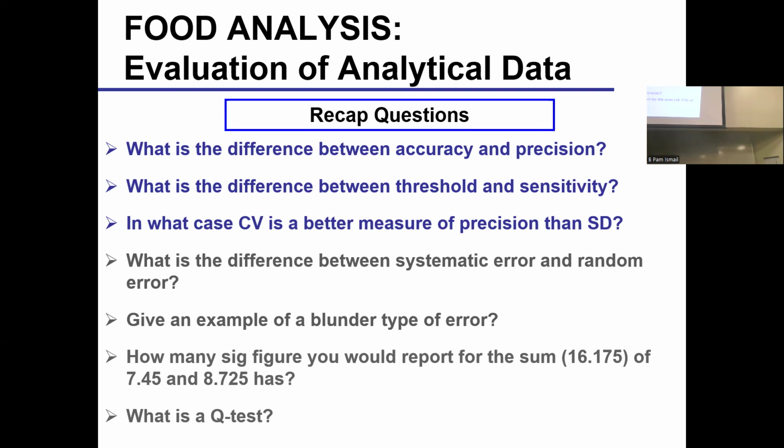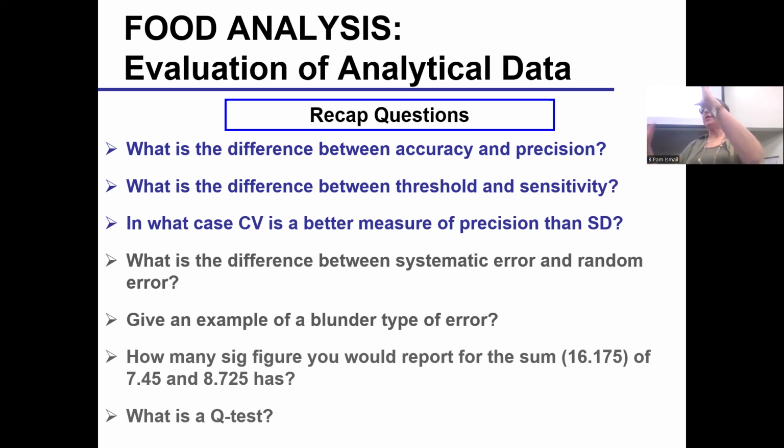In one example that I gave you, the mean was 12 and in the other it was 90 something, almost 10 times difference. Then you correct for the size of the mean by measuring the CV, which is the standard deviation divided by the average times 100. So you're correcting by the size of the mean so that you can compare precision.